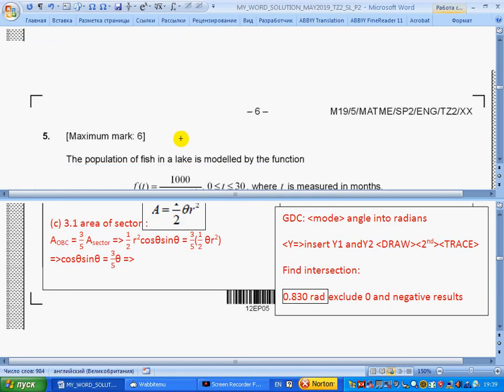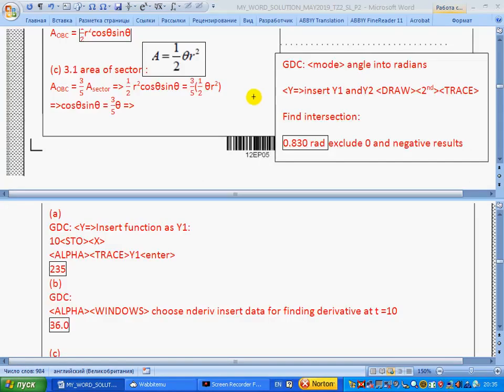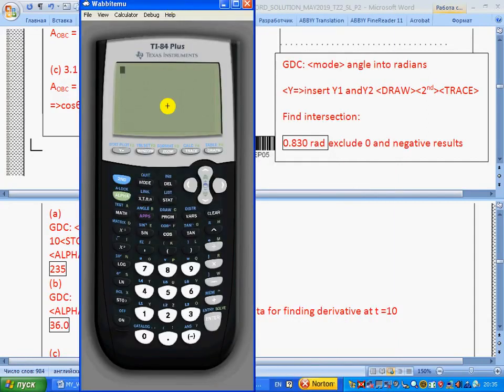Now we come to question 5. I didn't like how the graph looks. This is why I returned to question 4. And now I go to zoom and I use standard. Let us see in standard mode how the graph will look. So we see that it is oscillating.